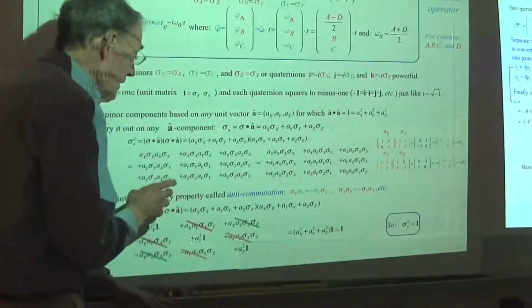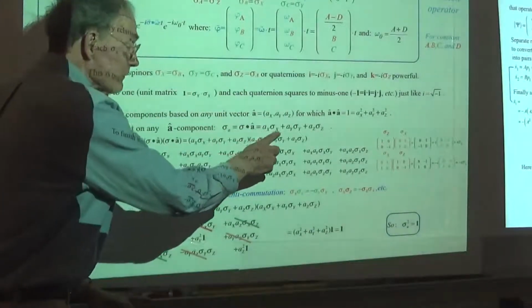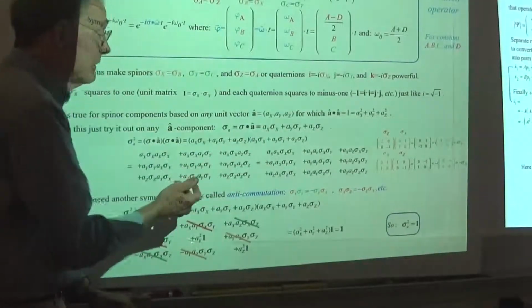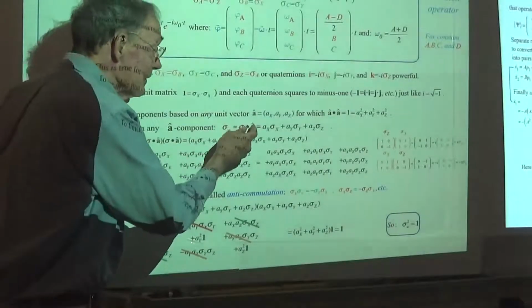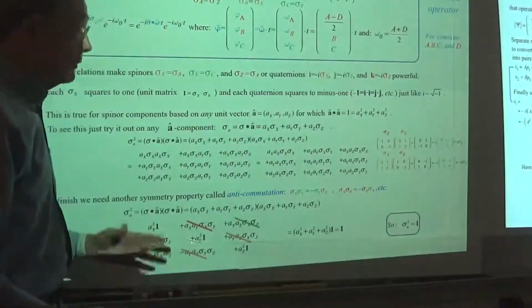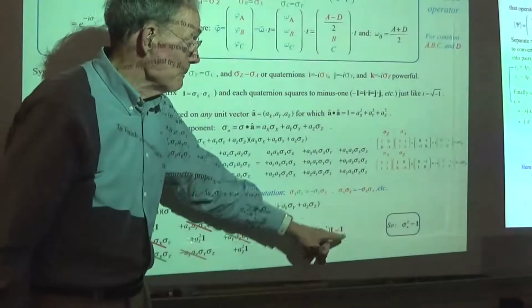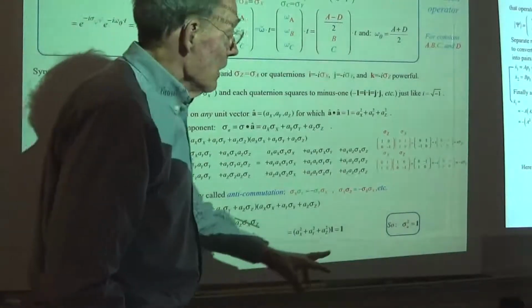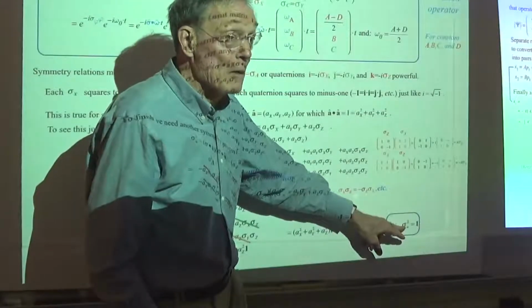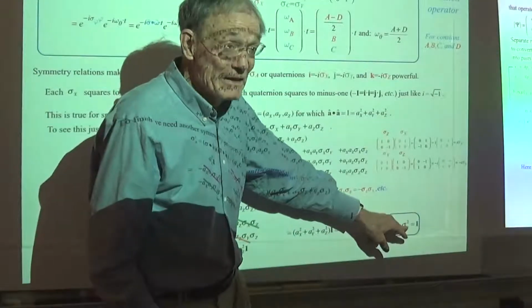So that means that no matter what values you pick for the components of these guys in a combination, you're guaranteed that the square of that, if the combinations come from a unit vector, will be the unit operator. So that's the generalization here. Almost the generalization of complex numbers if I put the i's back on it.